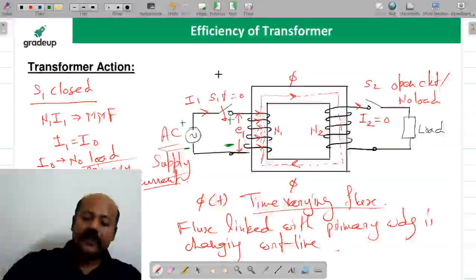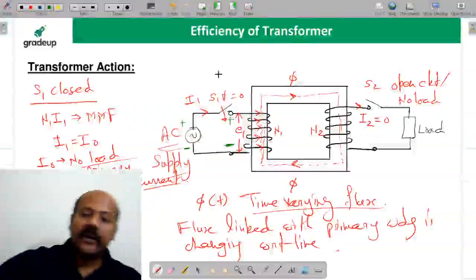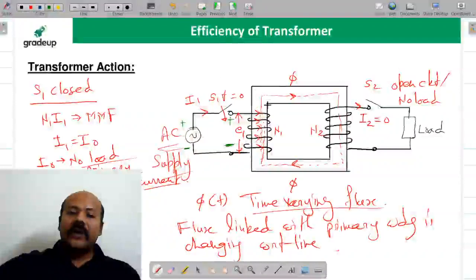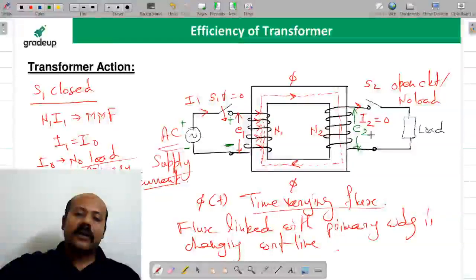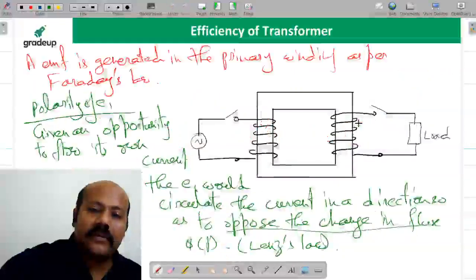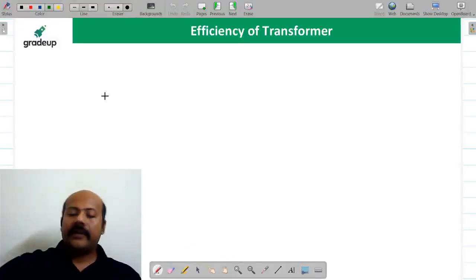Okay. Now see what is happening. This flux is again linking to this secondary winding. Yes or no? And because this flux is time varying, this flux is also going to induce some EMF here also. Suppose this is E2. Yes or no? And how you are going to write?